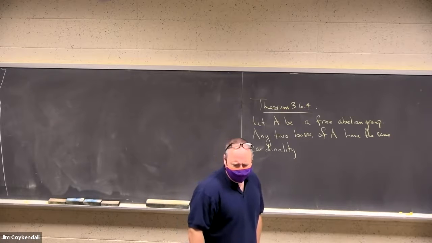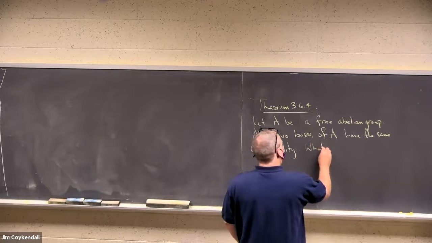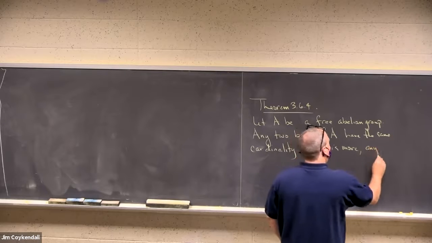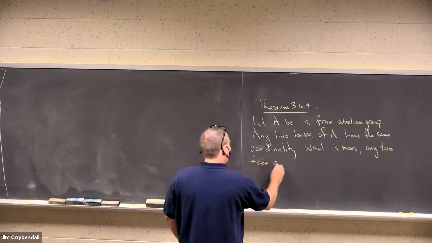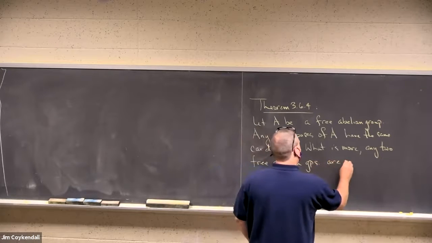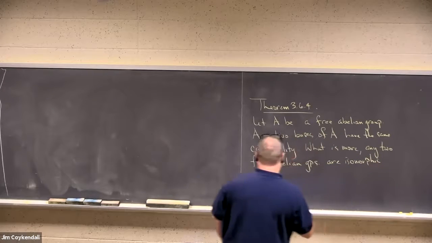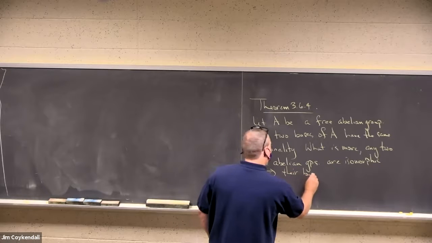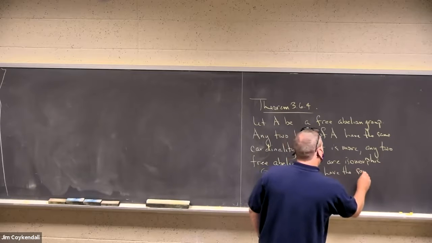And we can take it a step further than that. Any two free abelian groups are isomorphic if and only if their bases have the same cardinality.